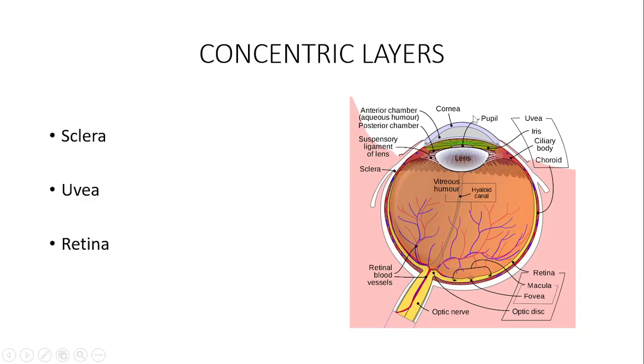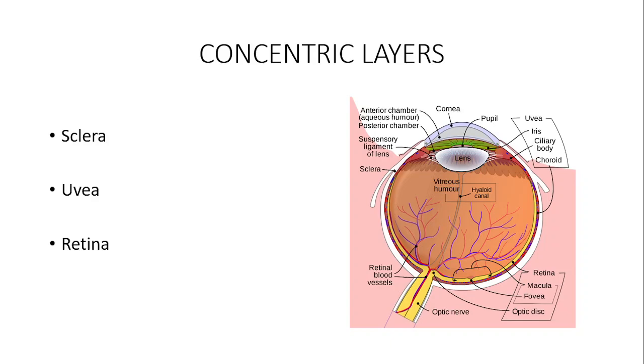So anterior 1/5 of the most external protective layer is made up of the cornea. It is also a protective layer because it's made up of collagen fibers 1 and 5.